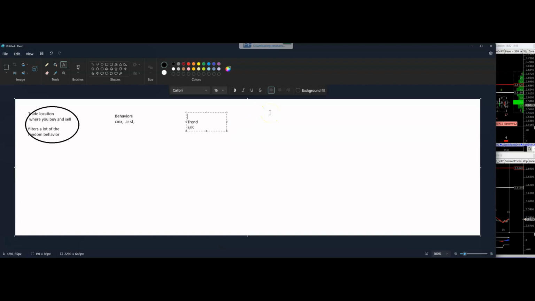On higher time frames, this is where you start: the trend and the support and resistance zones or levels. That is going to tell you everything you need to know, or at least frame the context where you can then do analysis.